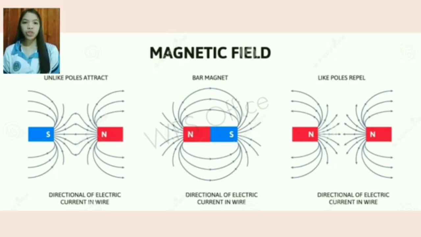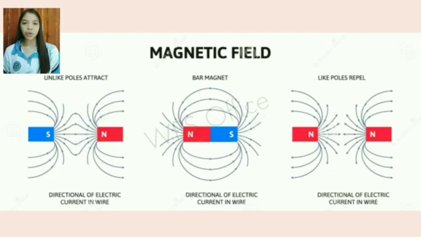The middle part shows a bar magnet with its north and south poles. It illustrates the magnetic field lines that spread out from the magnet. The right side shows that similar poles, north and north or south and south, repel each other.